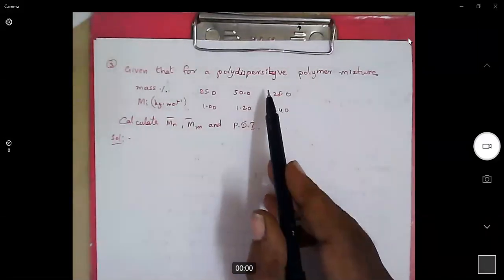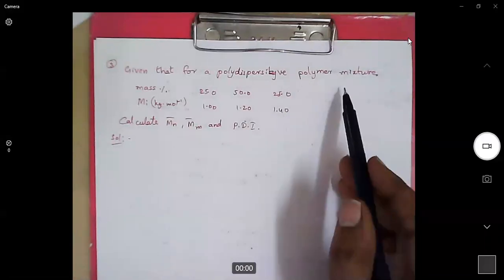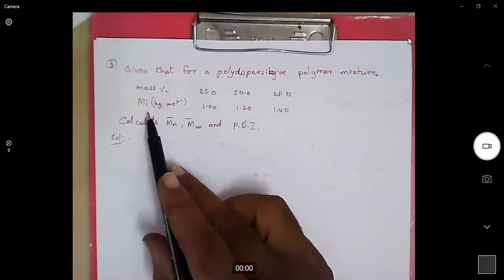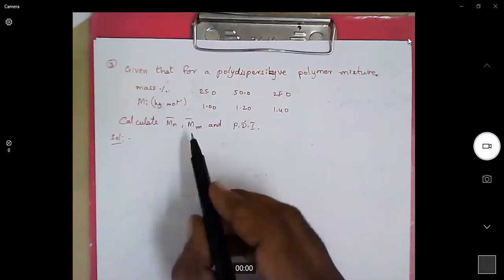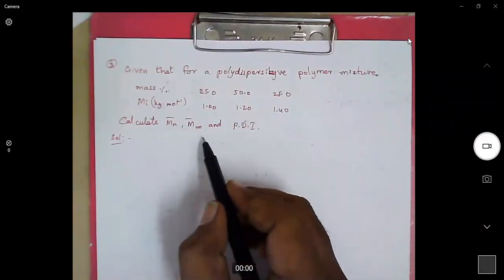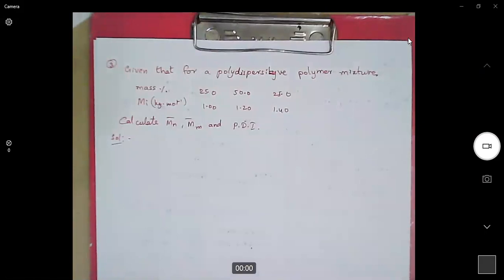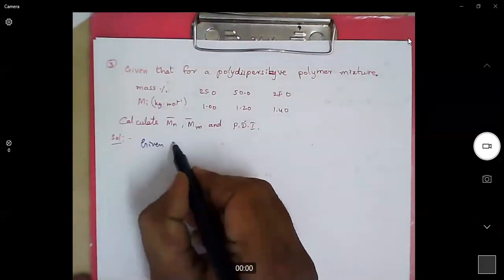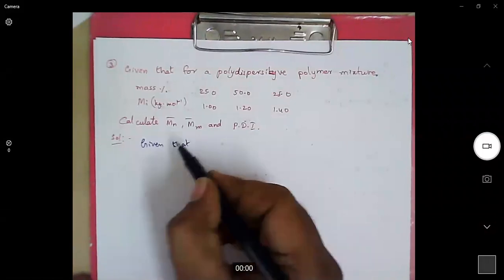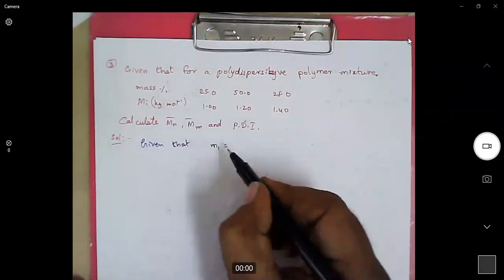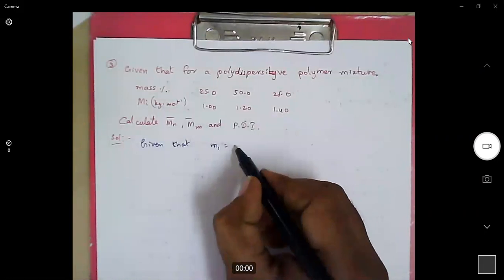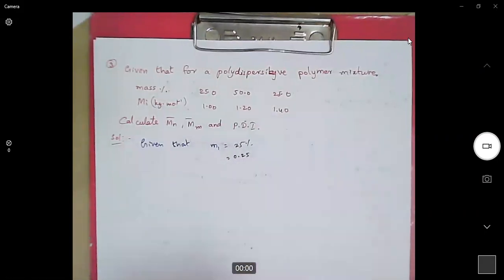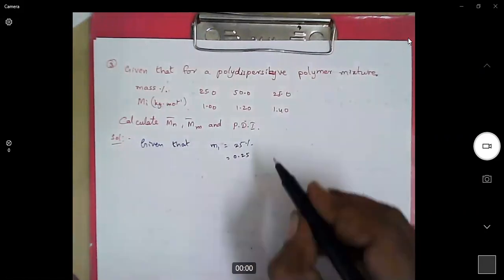Given that for a polydisperse polymer mixture, mass percentage and molecular weight are given, we were asked to calculate Mn bar, Mw bar and PDI. What was given? Mass percentages. m1 is 25 percent, and we convert into fractions by dividing by 100, so it is 0.25.